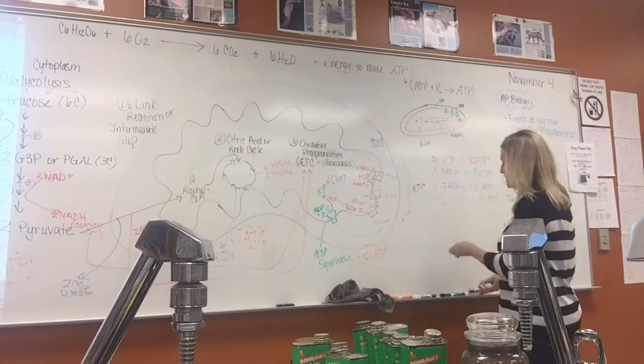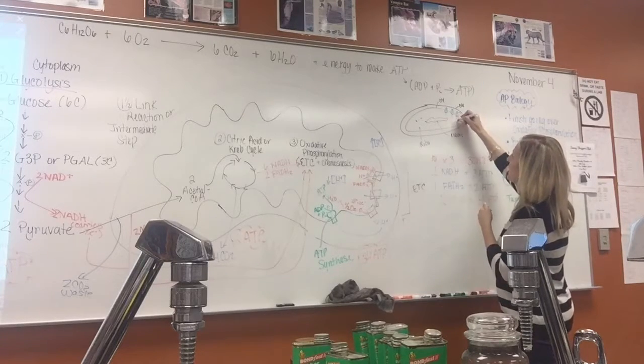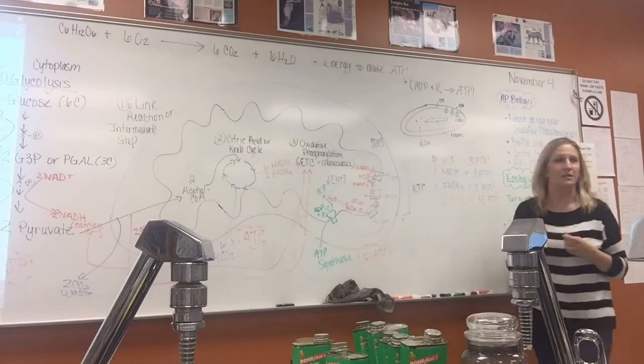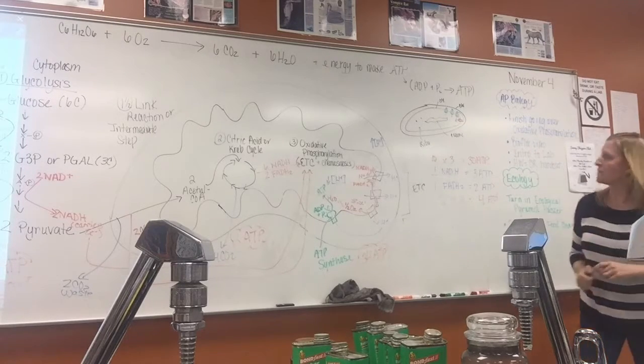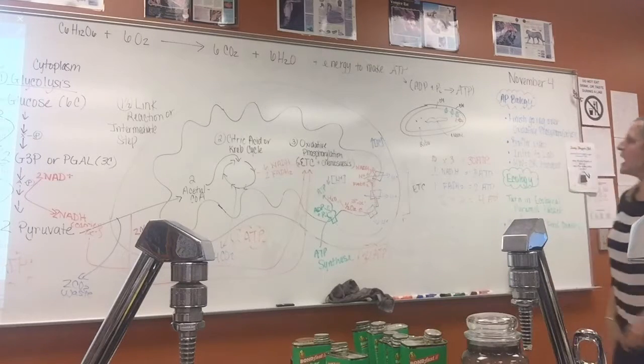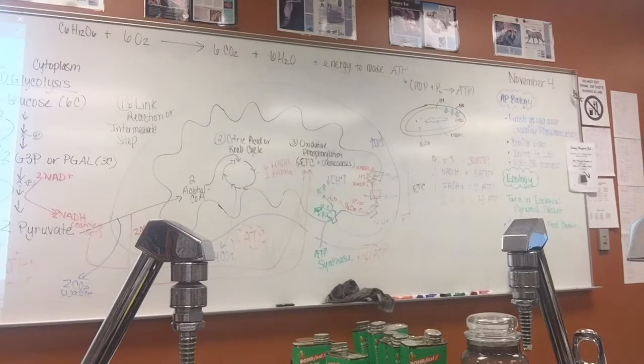And these H pluses can diffuse back in, and they can still make ATP to be used. Does that make sense? And so therefore they are also able to make ATP without a mitochondria, and go through all three stages. All right, so that is cellular respiration in a nutshell.